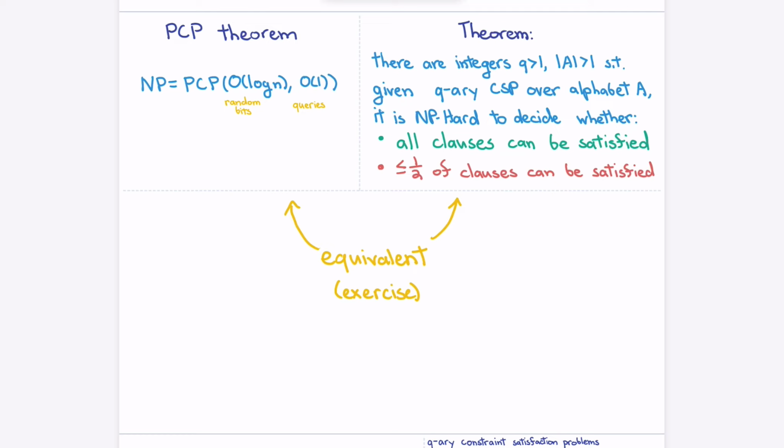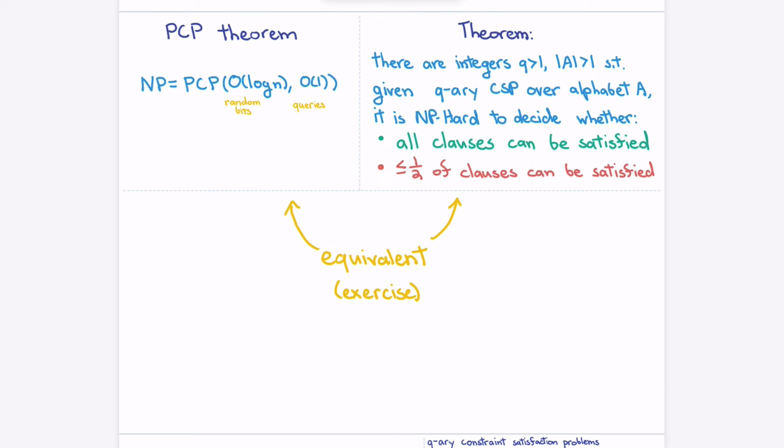So for every possible random bit string, you figure out the query bits, and you make a CSP constraint depending on which of the inputs for those possible queries would make the verifier accept. You flesh it out a little bit, but basically you're going to get one clause for every random bit string in the PCP, and to decide which of your inputs satisfy the clause, you look at which answers to the queries would have made the PCP happy.